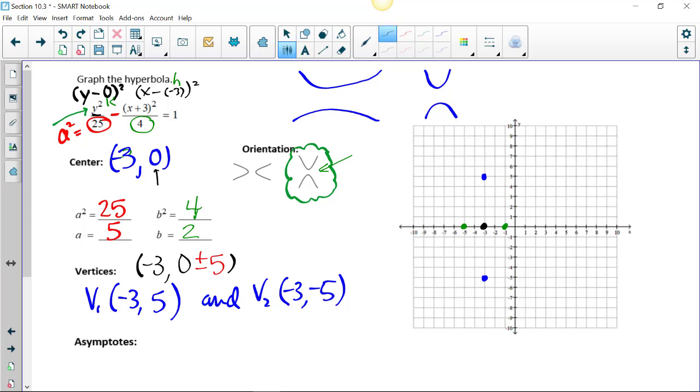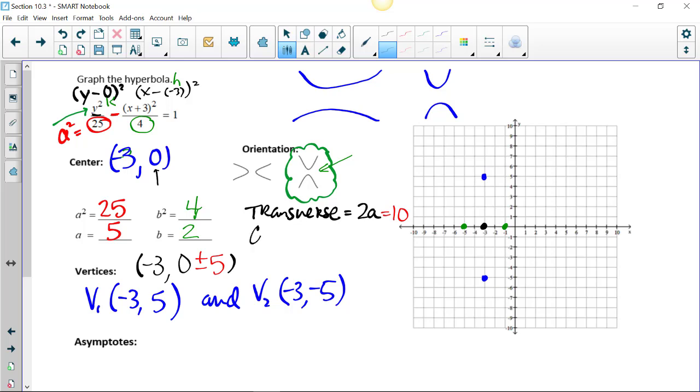Let's talk about our two axes and how it relates to the dimensions of the rectangle. If you recall, our transverse axis has a length of 2a. So it's basically the distance between the vertices. So our transverse axis is 2 times 5, or 10.